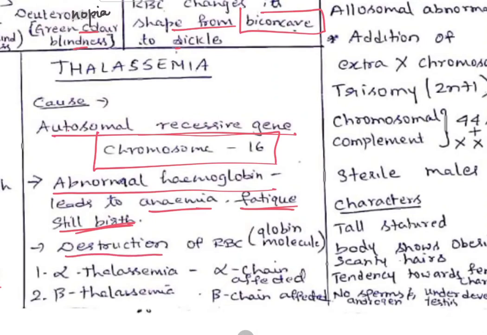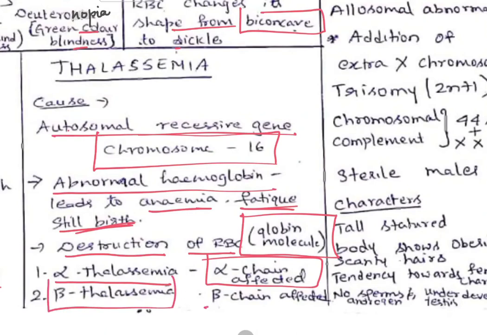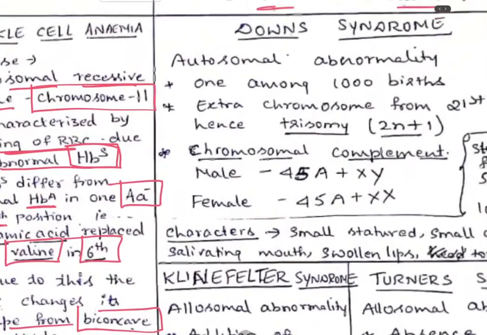See, it leads to destruction of RBC, especially destruction of globin molecules. There are two types of thalassemia. The first one is alpha thalassemia. Here the alpha chain will be affected, and the second one is beta thalassemia, where the beta chain is affected.